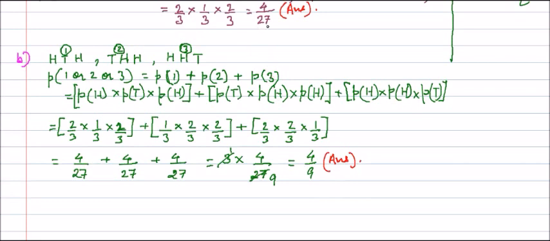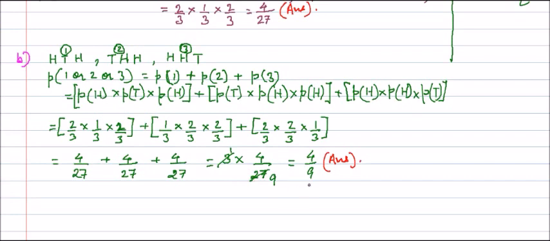For the first part, it was 4/27 because in the first part we have dealt with one single sequence, and now we have dealt with 3 orders because only these 3 orders can be possible. And the total of all this, the final probability of all these three combined sequences is 4 by 9. So our answer is 4 by 9 for the second part. That is, having 2 heads and 1 tail from 3 tosses of a biased coin in any order.